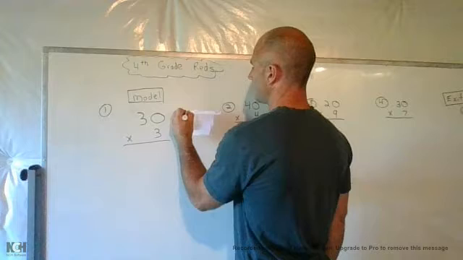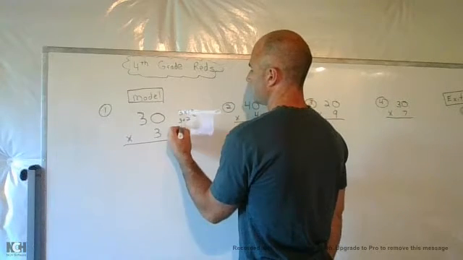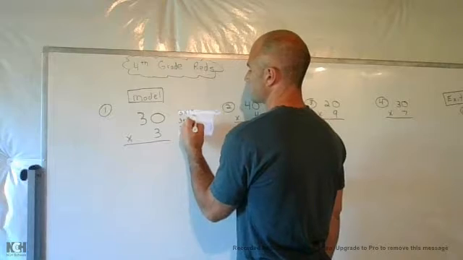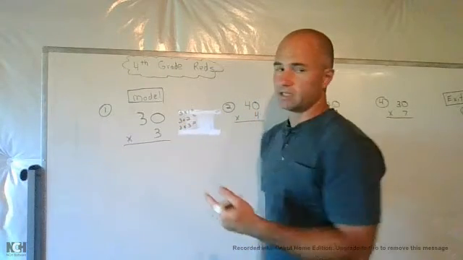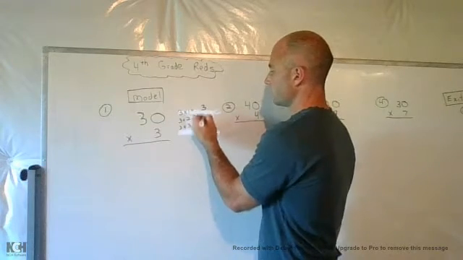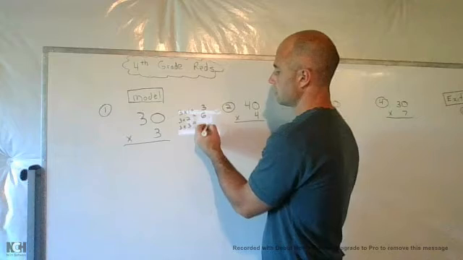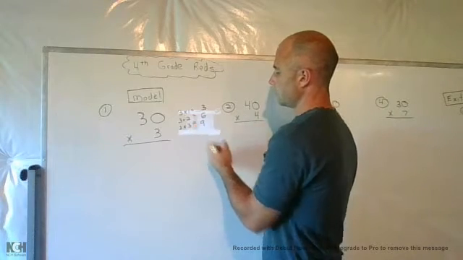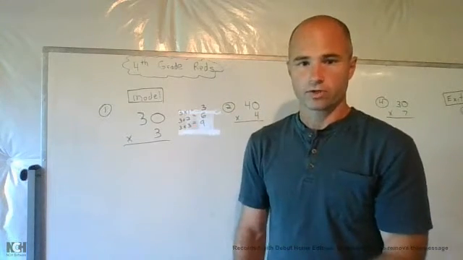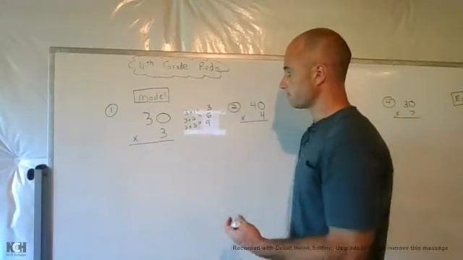So 3 times 1, 3 times 2, and 3 times 3 is where I'll stop, because that's all I really need. Okay? 3 times 1 equals 3, 3 times 2 equals 6, and 3 times 3 equals 9. Good to know. Okay? So I'm counting by 3s there. I'm skip counting for some of us.